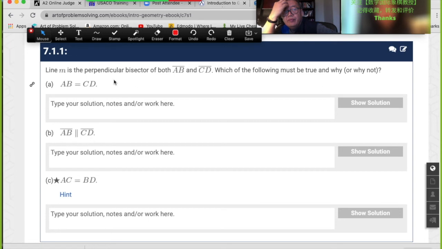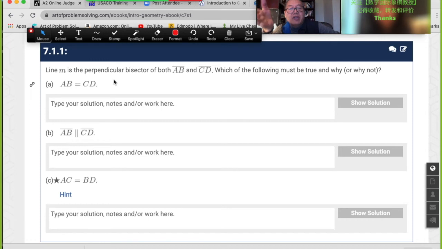It can be true sometimes but cannot be guaranteed. If it is sometimes true, sometimes wrong, you just say no. If M is the perpendicular bisector of AB and CD, it does not guarantee AB equals CD.